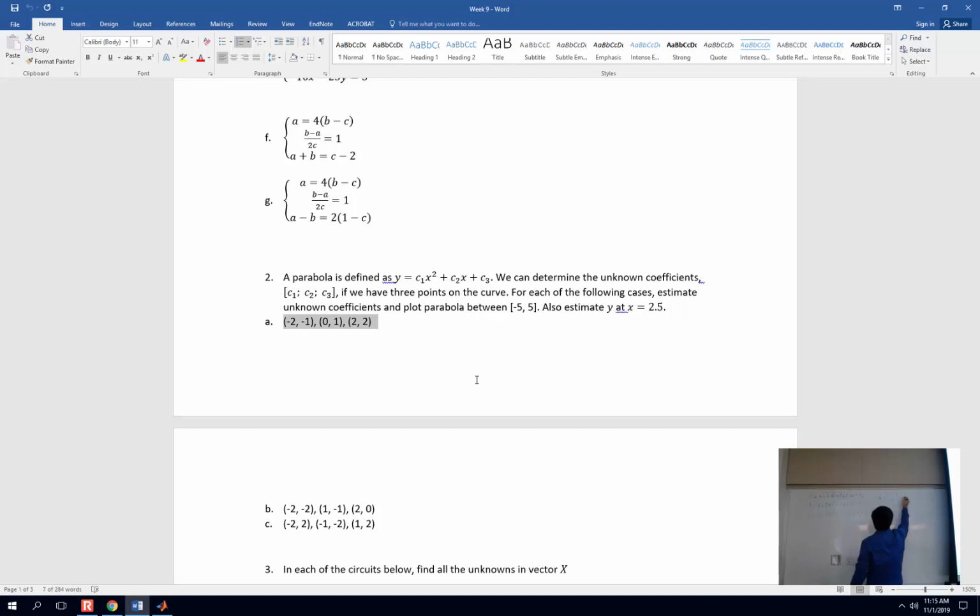What are all my y values? Negative 1, 1, 2. Perfect. Now, if I do A is equal to x dot squared, x, ones of 3 comma 1, what will I have?